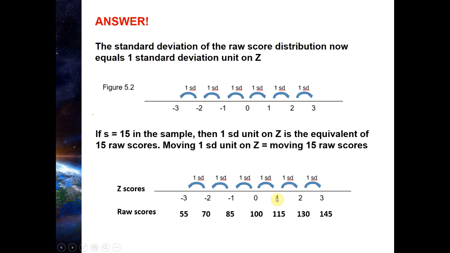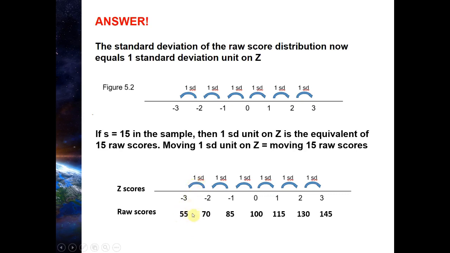Well, remember I've jumped 15 from the original raw score mean. So here it's 100, I've jumped 15. And if I jump another 15 from 1 to 2, that's another 1 standard deviation unit. Now I'm at 130. So you see how you're just going plus 15, plus 15, plus 15, and then down here it'd be minus 15, minus 15, minus 15.